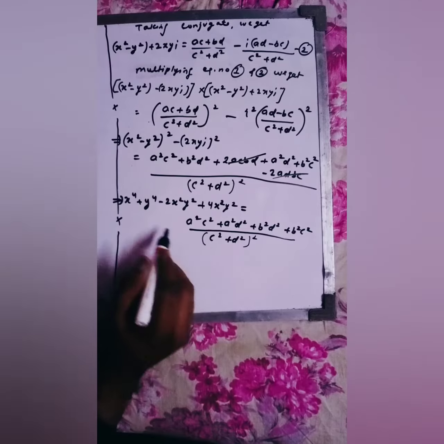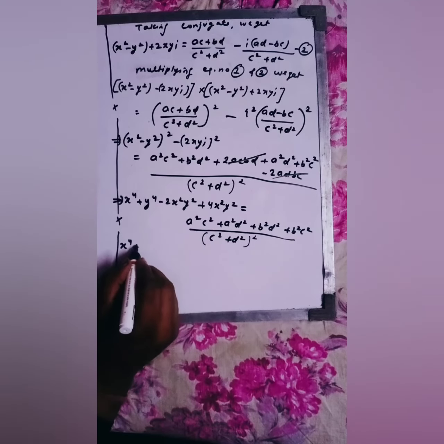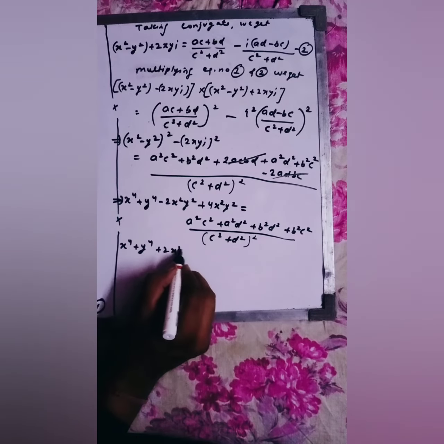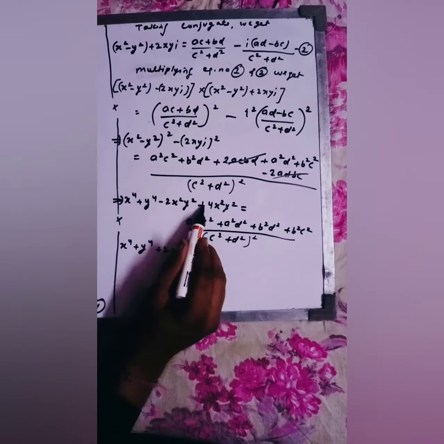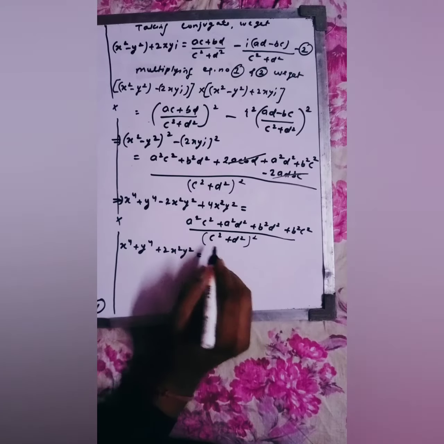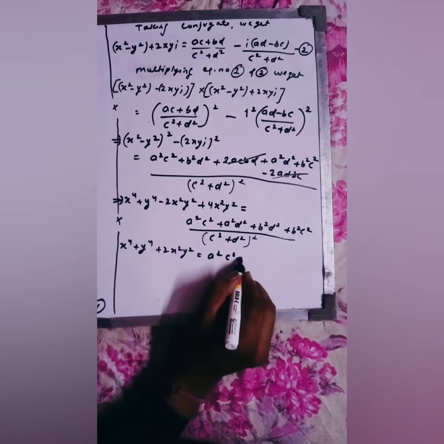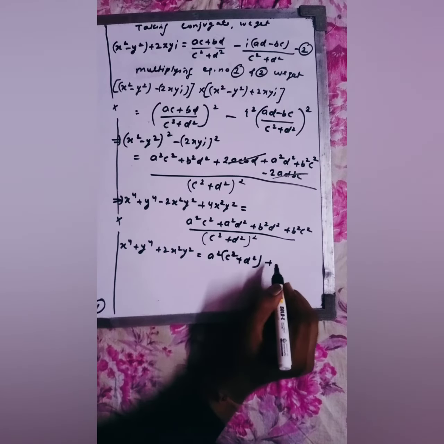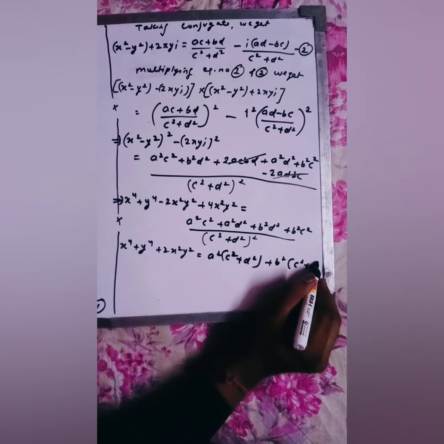So it is a very lengthy question. x to the power 4, y to the power 4 and plus 2x square y square. This one you can solve like this. This is minus, this is plus. That is equals to, here you will take common. A square would be common and you will get c square plus d square. Similarly, b square will be common here and you will get c square plus d square also.